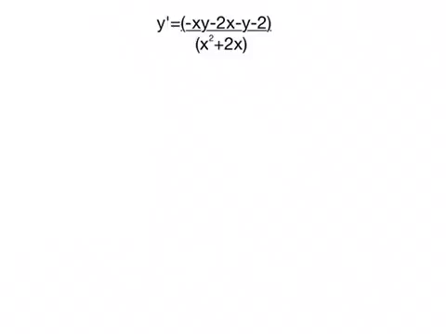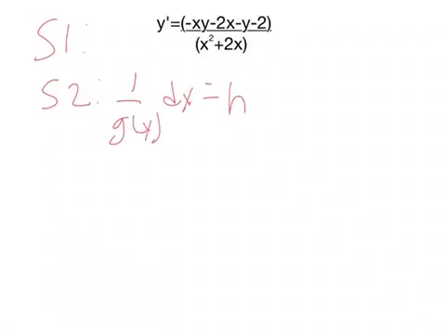So that was step 1, and I rewrote it up here. Step 2 would be getting it into the form 1 over g of y dy equals h of x dx. To get it into that form, I rewrote this equation up here.